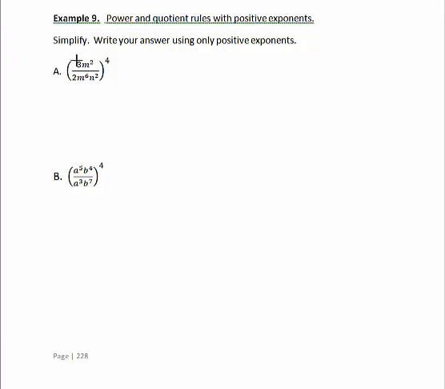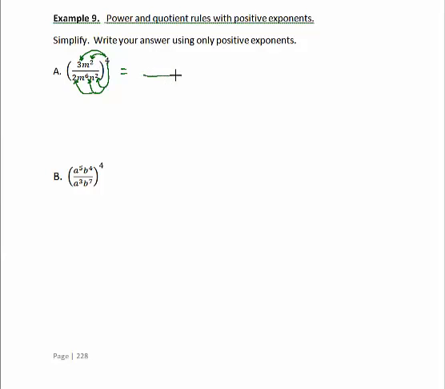And our last couple examples of chapter 29, we have a fraction inside parentheses with an exponent on the outside. And so what we're going to do is take this 4 and apply it to the 3, this m squared, and then the 1's on the bottom, the 2, the 6, and then the 2 coefficient.